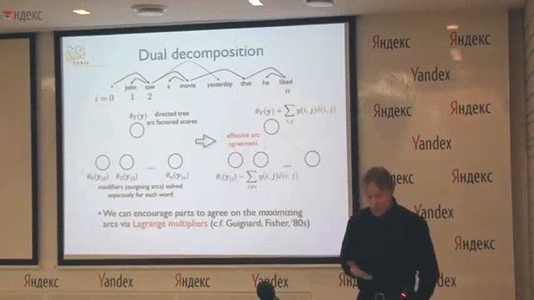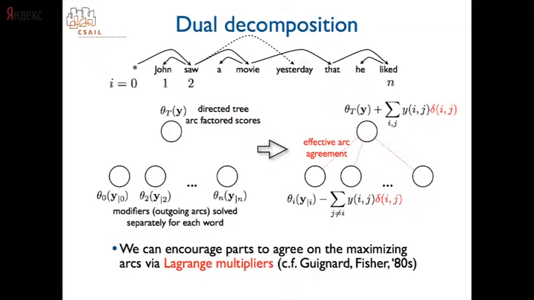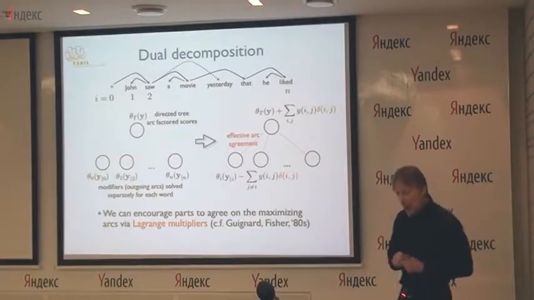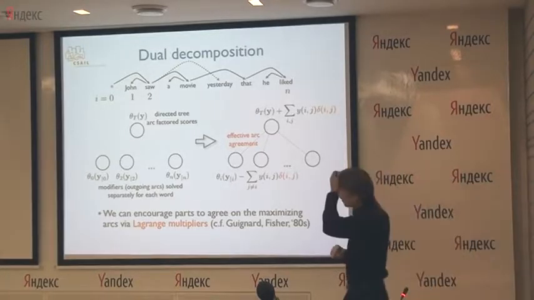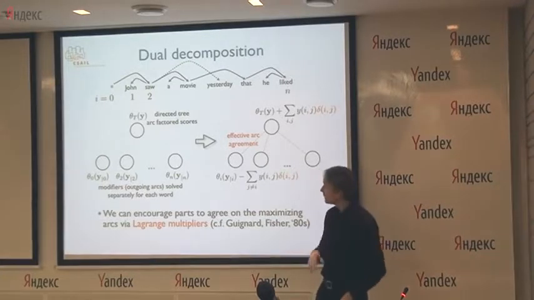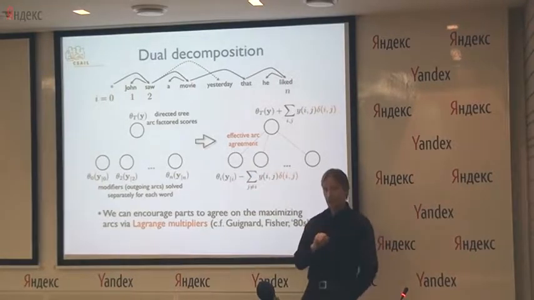And you can enforce the agreement by essentially introducing Lagrange multipliers for equality constraints between these experts, so that their predictions of what the highest scoring structure is should agree across the experts.